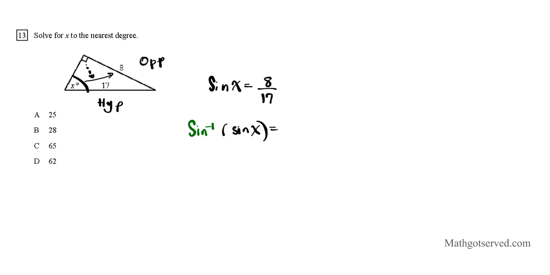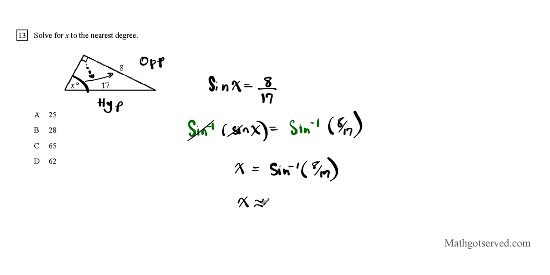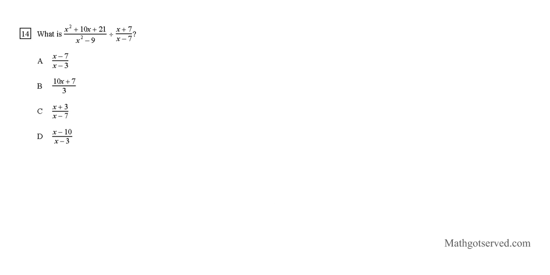On the left side, and then on the right side, you take the inverse sine. These two cancel out. So you're going to have x equals the inverse sine of 8 over 17. If you plug that in your calculator, you get approximately 28 degrees to the nearest degree.